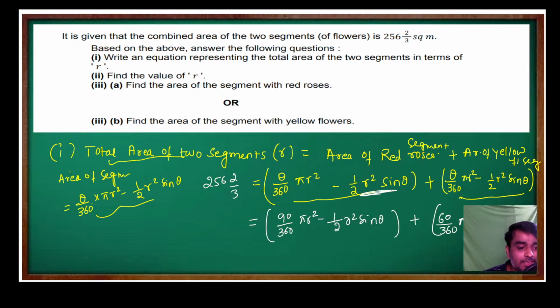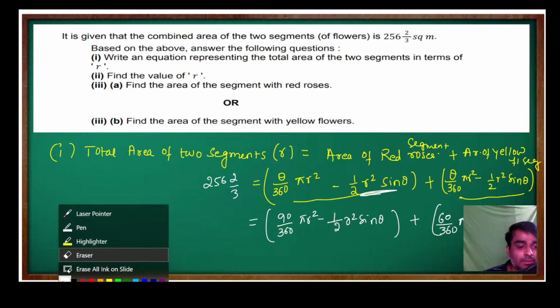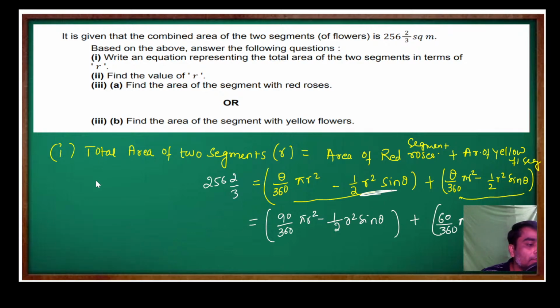Now if we simplify this, 90 by 360 becomes 1 by 4 and 60 by 360 becomes 1 by 6. So I have 1 by 4 pi r square minus 1 by 2 r square sine theta. The angle you need to substitute here also.